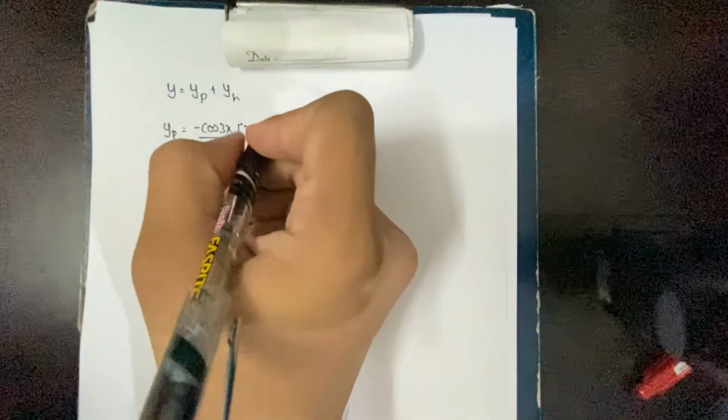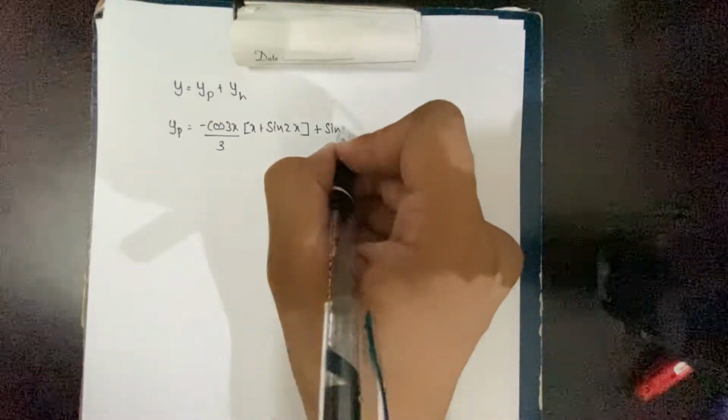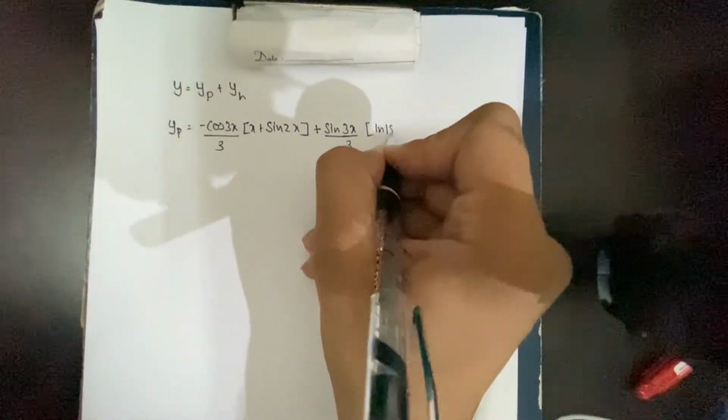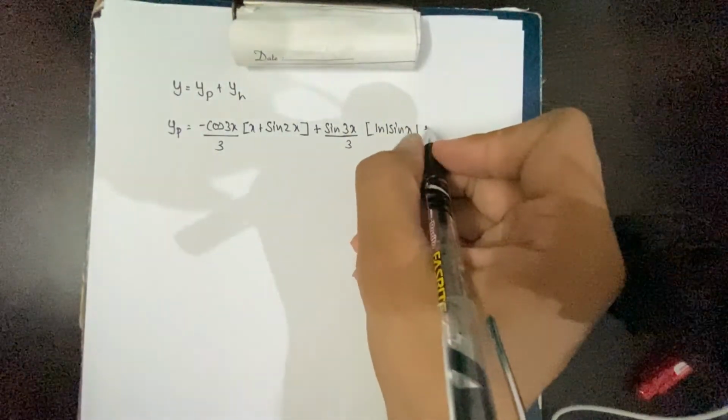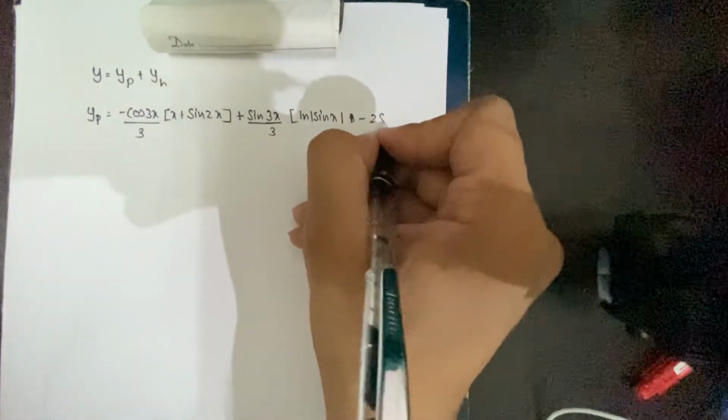Now we know that y equals yp plus yh, and yp, as we just found, is minus cos 3x by 3 times x plus sin 2x, plus sin 3x by 3 times natural log of sin x minus 2 sin square x.